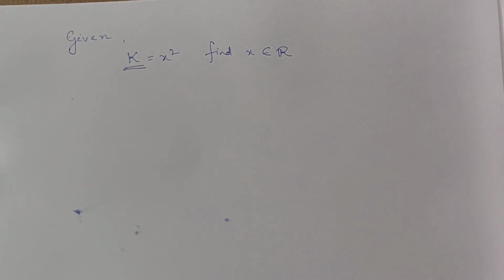If not, then x equal to x plus 0.1, then x plus 0.2, then x plus 0.3, then x plus 0.4, then x plus 0.5, and you go on iteratively until you find k, or at least a value close to k, which you can then say that approximately the square root of k is this x.